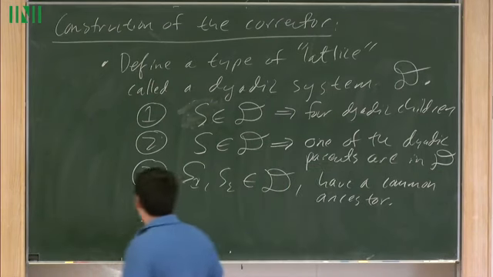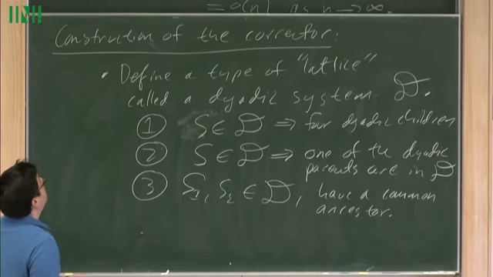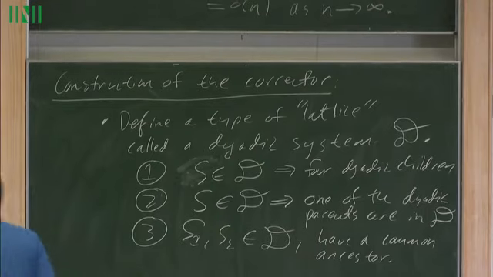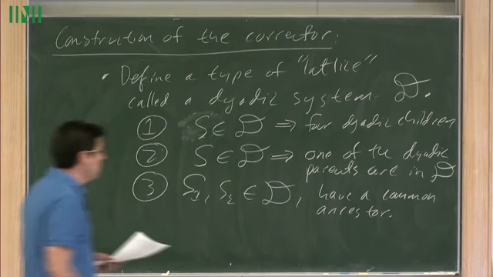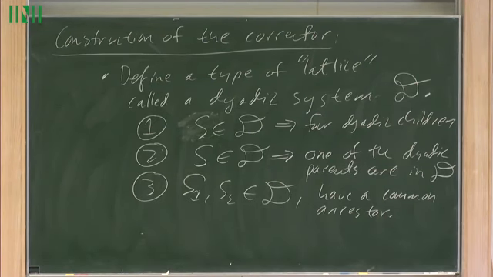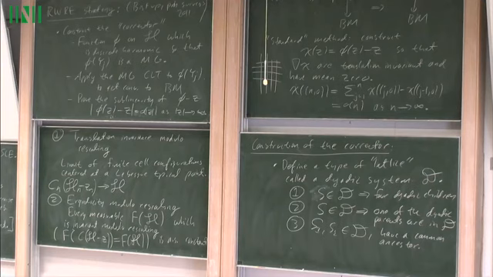Okay, a common dyadic ancestor, and so there's a particular dyadic system which is going to play the role of the random lattice, which you define on top of your graph, and this is called the uniform dyadic system. And this is all designed exactly so that you can use the ergodicity and translation invariance modulo rescaling.